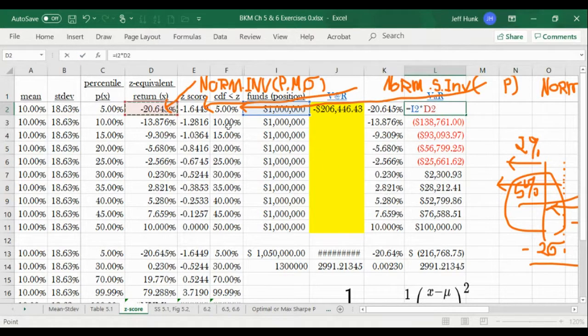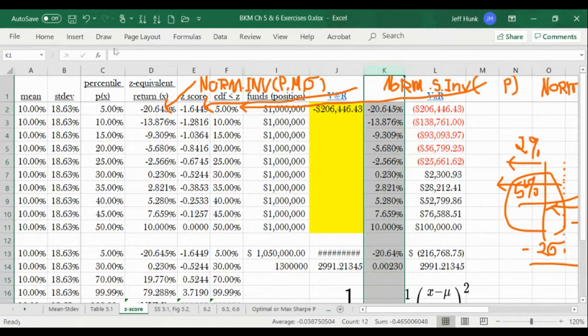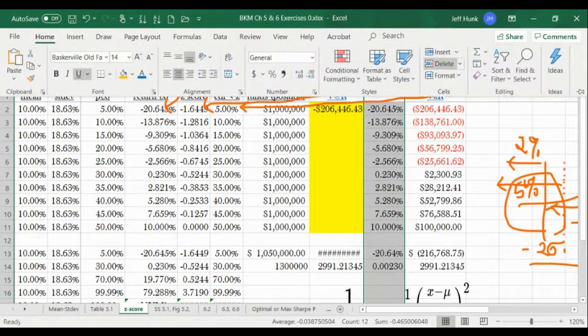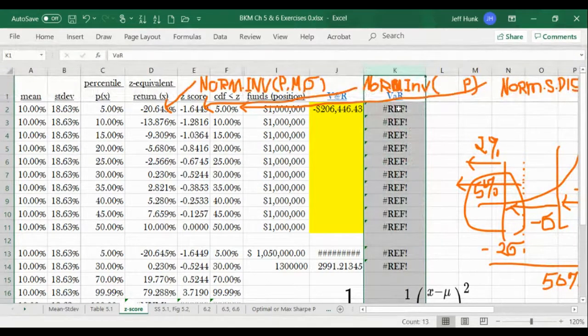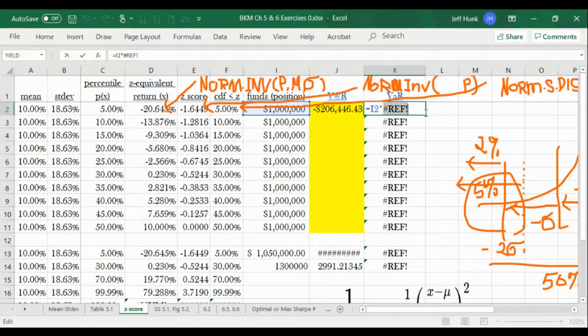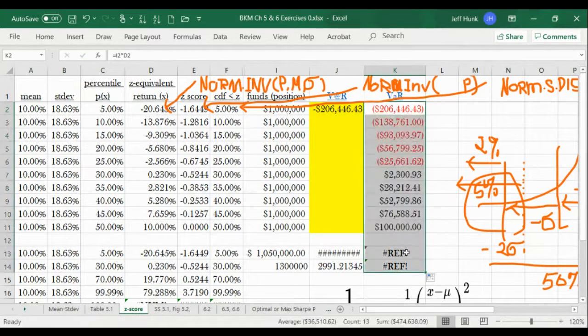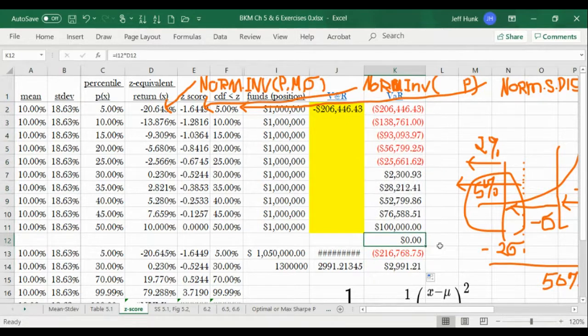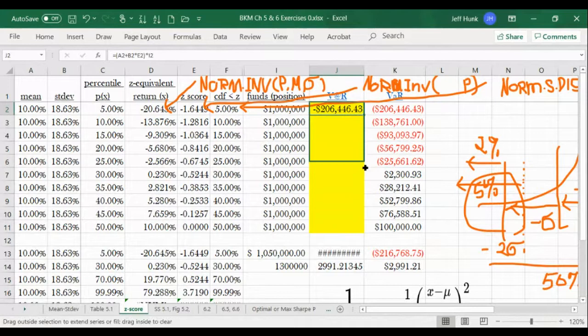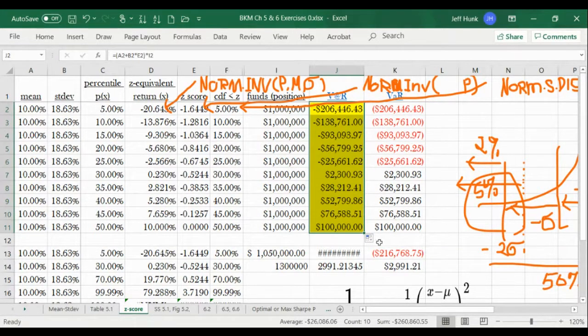Okay, maybe I may not need this, so I'm going to delete that. So this way, again, you can also drag it down and find.